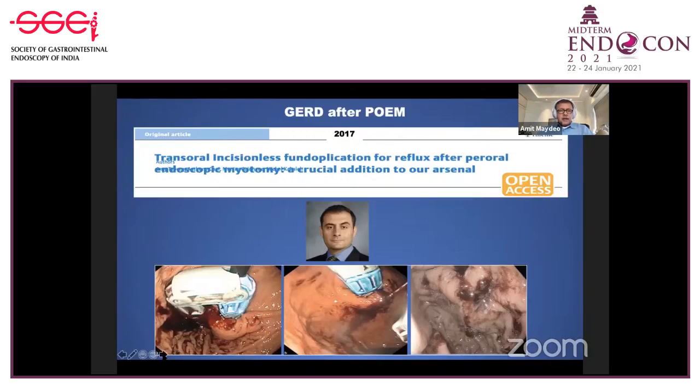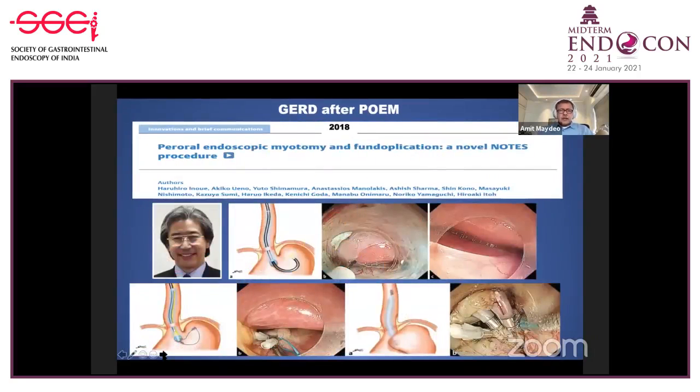Keeping the same thing in mind and preventing it, the innovator of the POEM procedure itself, Haru Inoue, came up with this very unique NOTES type of procedure for GERD after POEM. And he, in fact, advocated that why not try to do a procedure which is similar to a lap Heller's myotomy and a Dor fundoplication at the same sitting.